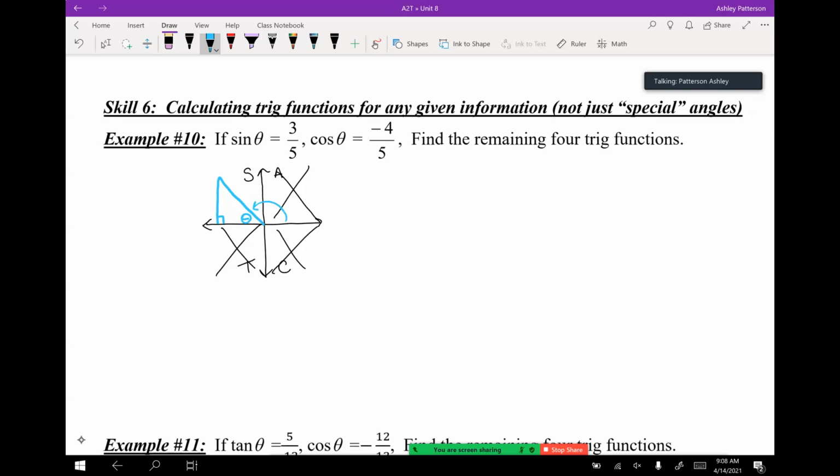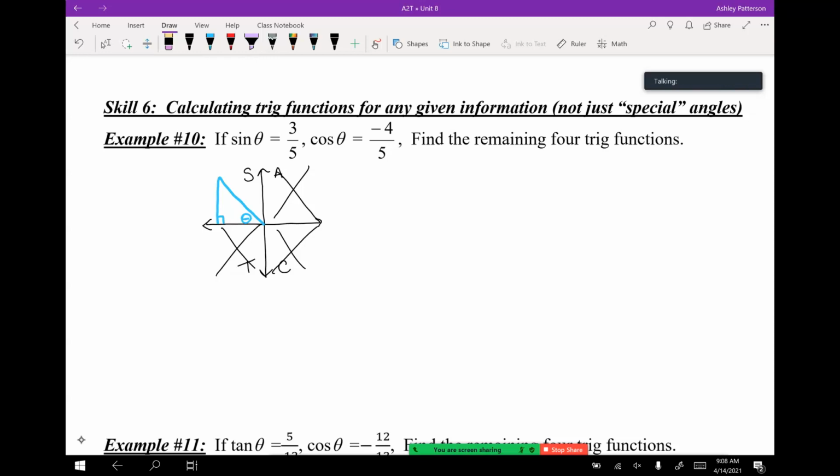We always drop the altitude to the x-axis, whether it's down to the x-axis or up. And the reference angle is always at the origin between the terminal side and the x-axis. So what does that mean for our triangle? The reference angle is always between the hypotenuse and the x-axis.